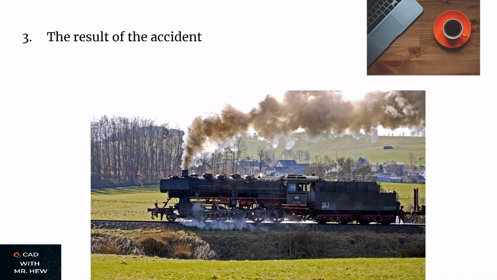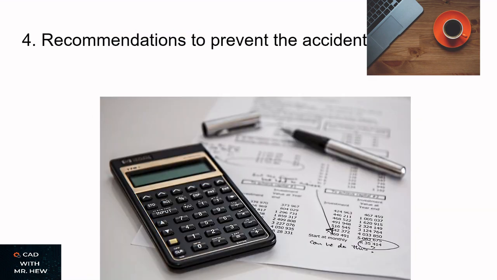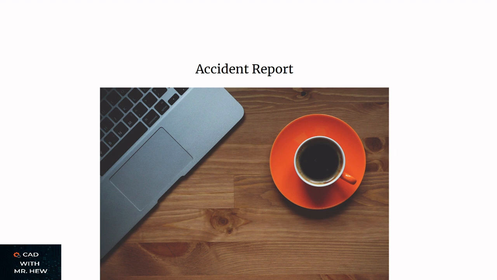And after you document all of that in a factual way, then now you're going to give some recommendations to prevent the reoccurrence of the accident or the near miss, if that is what the document is reporting. So to sum up, it's a detailed report of an incident or near mishap.